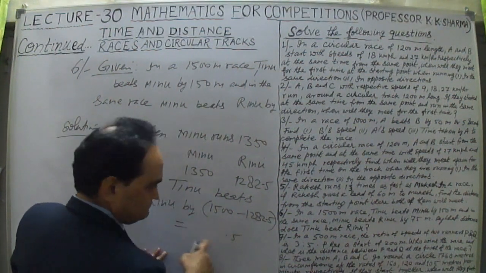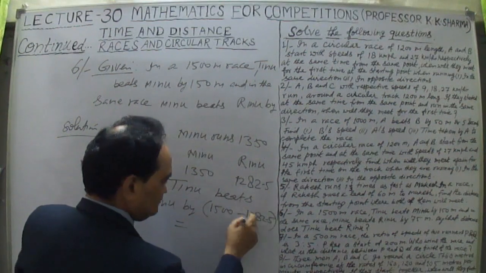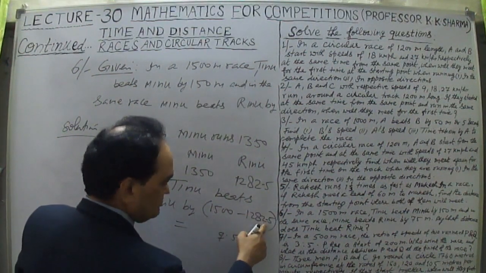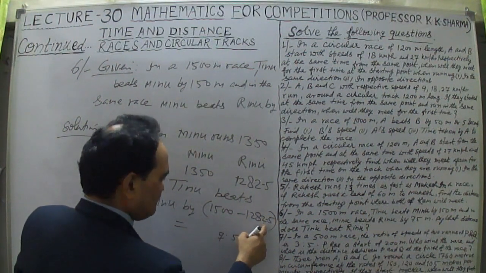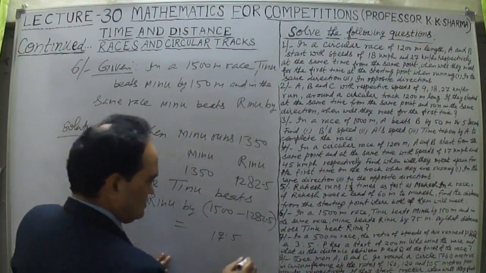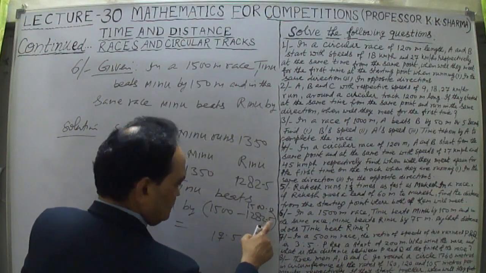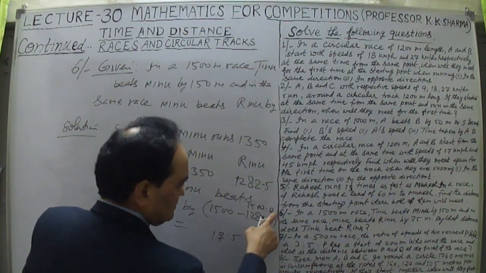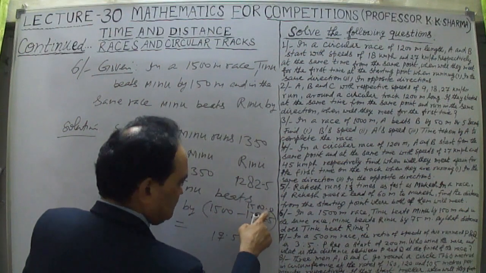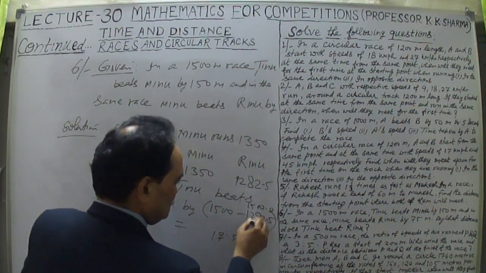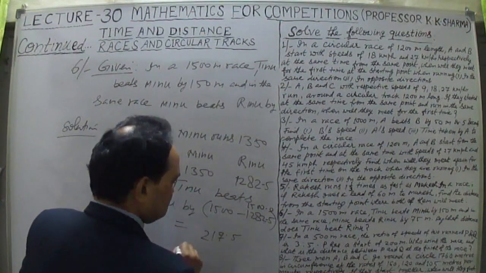Let me write here 1500 and this is 0. So this is 0.5 here, 10 minus 5 is 5 and 1 carry; 7, 10 minus 3 is 7, 1 carry; 9, this is 1 here, 1 carry again, so this is 2 here.